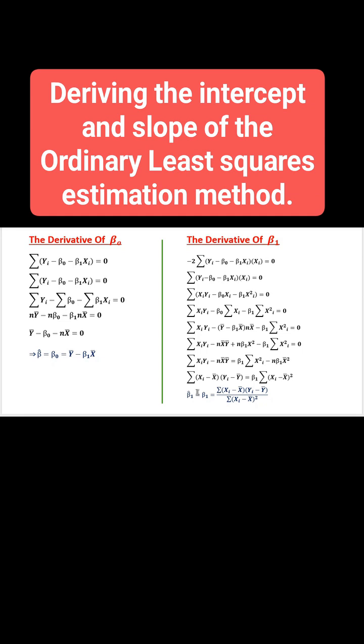And then you would be just wanting to open your brackets, and then you just see the whole thing, and then you want to equate that side starting from beta 1 to the right hand side of the equation, and then you would be having your sigma into (xi minus x bar) into (yi minus y bar), which is equal to beta 1 sigma (xi minus x bar) all squared, right?